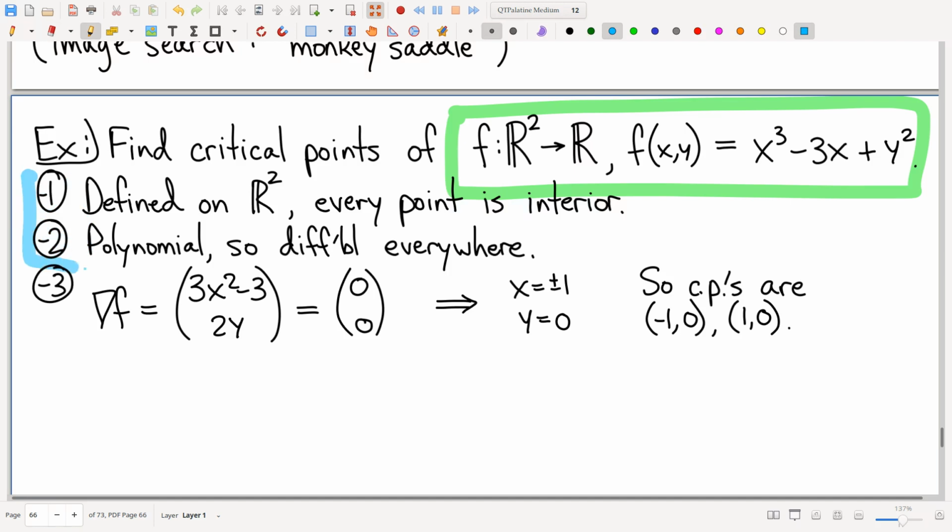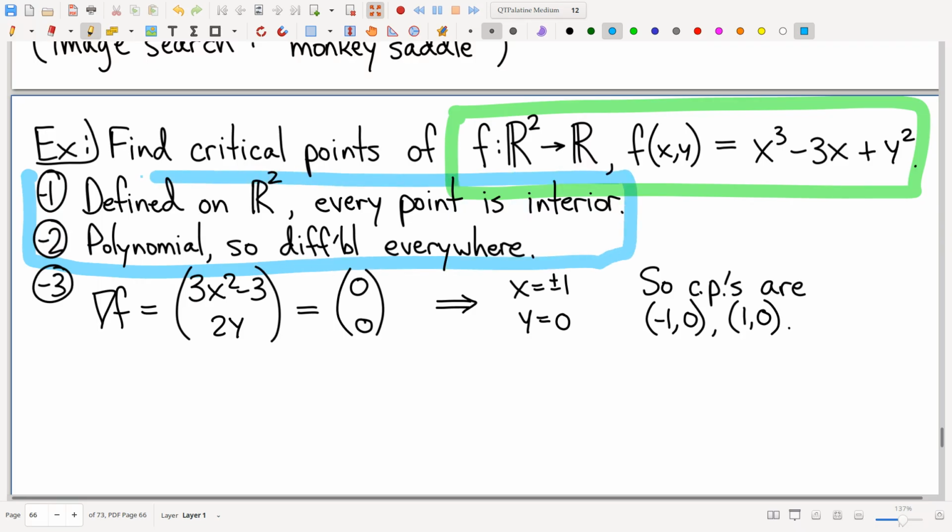Quick word. These two conditions, I'm going to say in most cases you're probably going to encounter, won't give any critical points, probably. That's not the point. We are not looking for answers. We're looking for reasoning, right? That's what we do in this class.